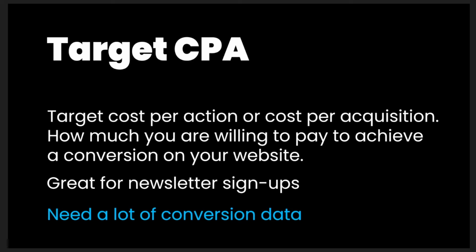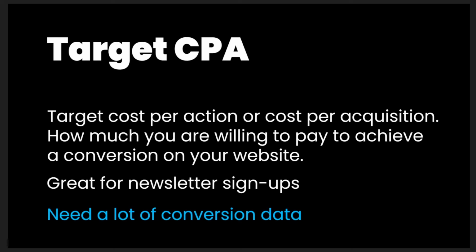So for example, if you are selling an online fitness course and it's going for $350 once off, and you say to Google you are willing to pay up to $50 to get a conversion, that's basically your target cost per acquisition.